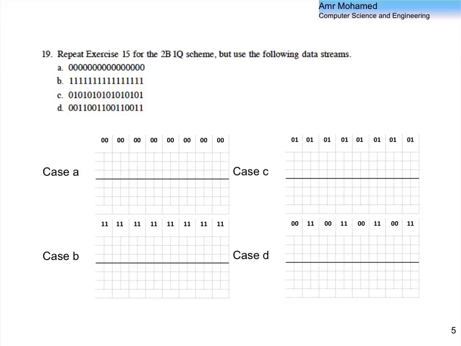In the next example, we need to repeat the exercise for the 2B1Q. For the 2B1Q, each 2 bits are represented by 1 signal value, so we have 16 bits in that case. So since the 2B1Q is a little bit complicated, I want you in that case to try to put the lookup table based on which you will map your levels so that there will be no confusion.